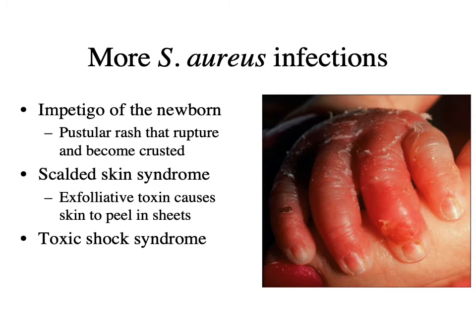So in this case, because this is typical in non-communicative little babies and toddlers who can't really explain what they're experiencing, this can be misdiagnosed as child abuse, and it has been historically misdiagnosed as child abuse. If you do not catch this as a bacterial infection, it can lead to a systemic blood infection and organ failure, which is toxic shock syndrome.